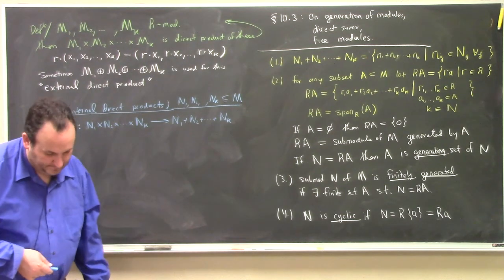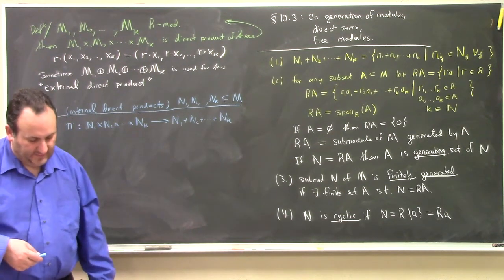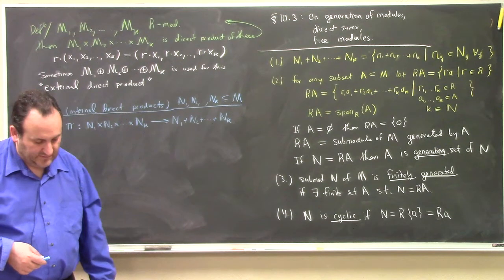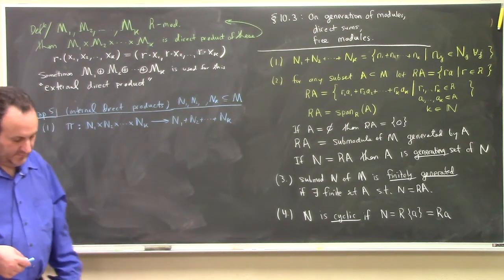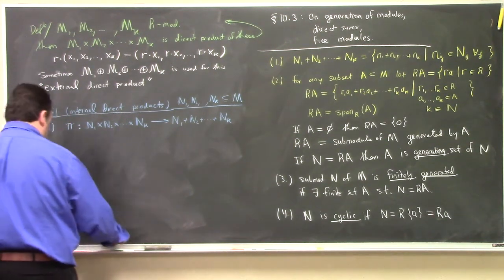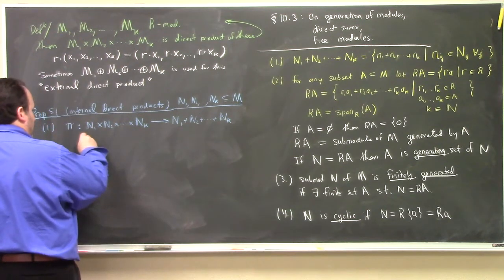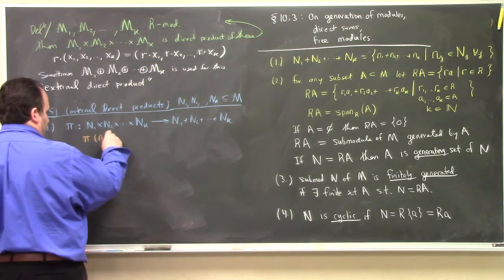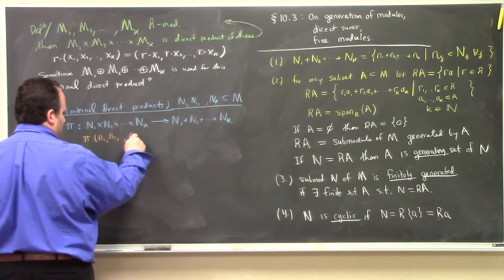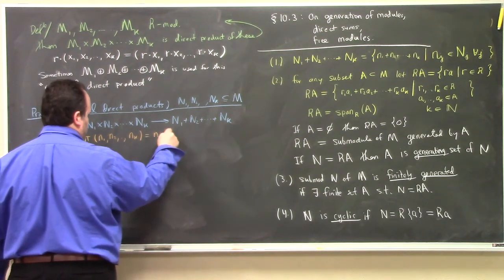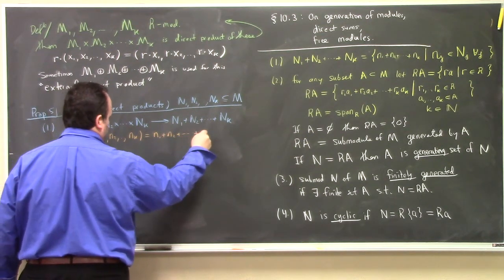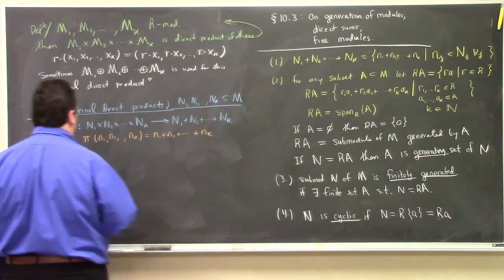So, and I'm giving you a list of equivalent conditions. The one is that this mapping defined by, what's the mapping defined by? It's a very silly map: (N1, N2, ..., NK) is just equal to N1 plus N2 plus ... plus NK. So that is a, what?